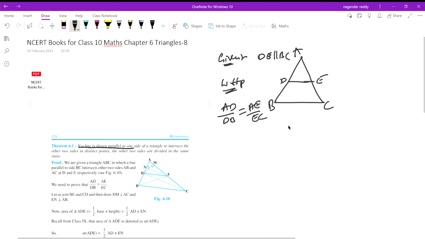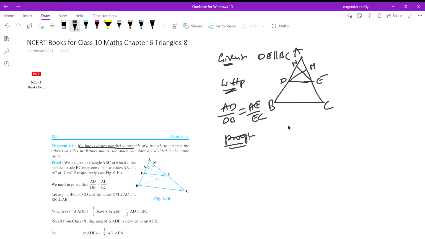Instead of a construction, listen carefully. I want to take ADE two times, with DM as the altitude of triangle ADE, and you can take EN as well.